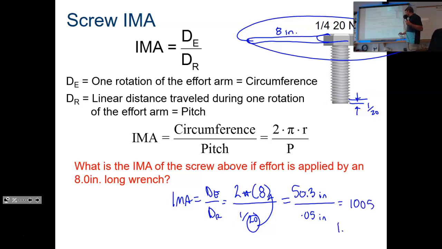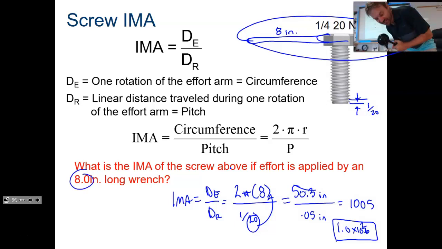So I'm going to go 1.0 times 10 to the 3. If you don't understand significant figures, you have to use as many as there are in the given number. I can only use 2 significant figures because this has 2 in it, so my answer can only have 2. So this has an ideal mechanical advantage, kids, of 1,000. This is huge, way bigger than what we're normally used to seeing.